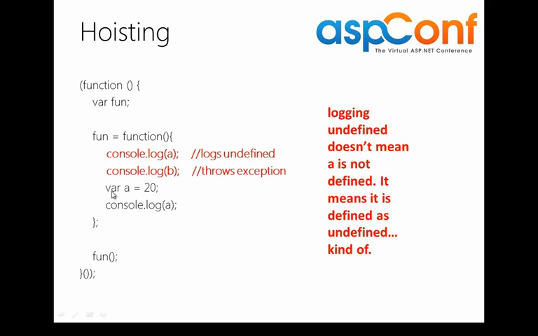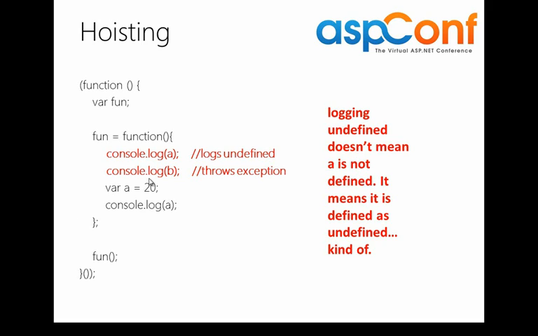What JavaScript does is it takes all the vars in the scope, and JavaScript has function scope, so each function has its own set of local variables, if you will. It takes all of the local variables, like say var a, and it lifts that as if it were the first line of the function.